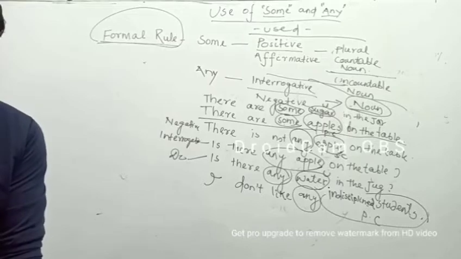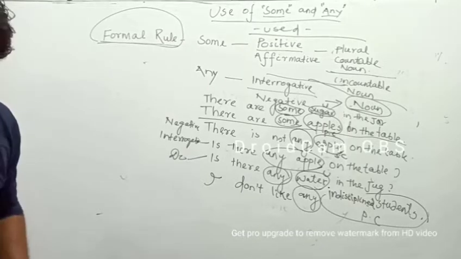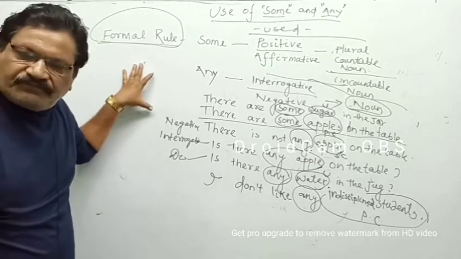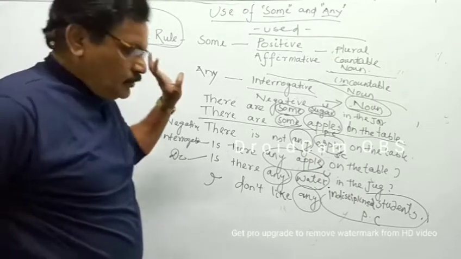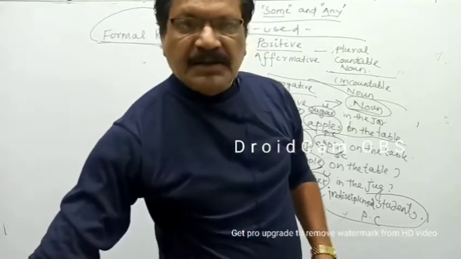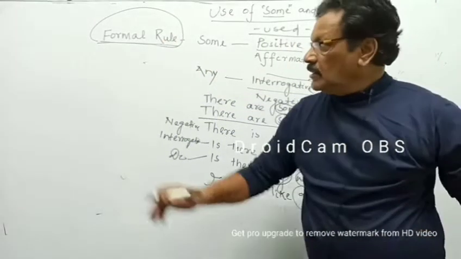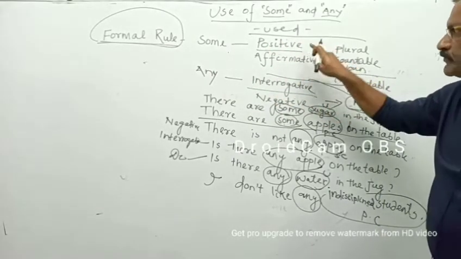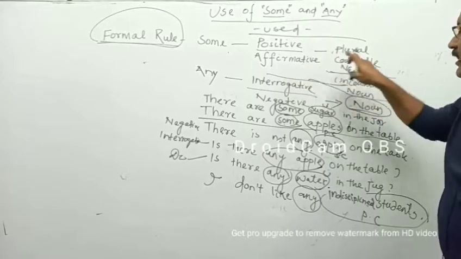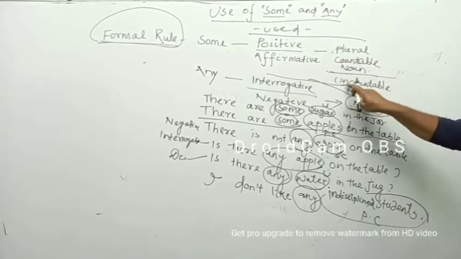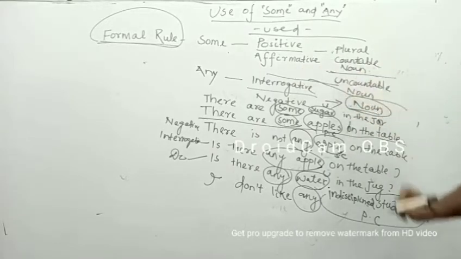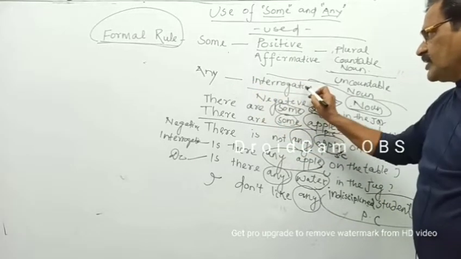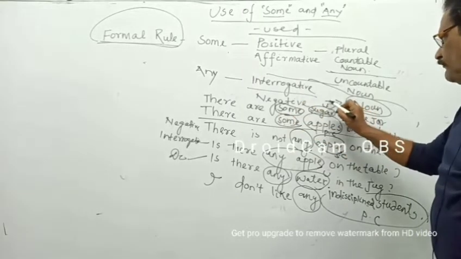What did you get from this formal rule? The formal rule says that some is used before positive and affirmative sentences and before plural countable nouns or uncountable nouns. Any is used in interrogative and negative sentences, before any noun.